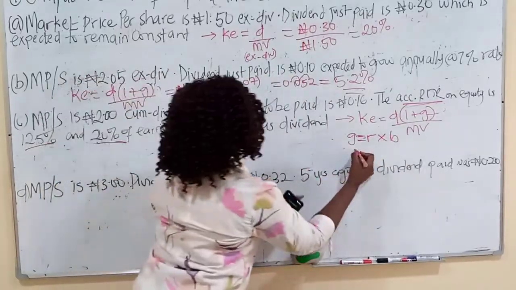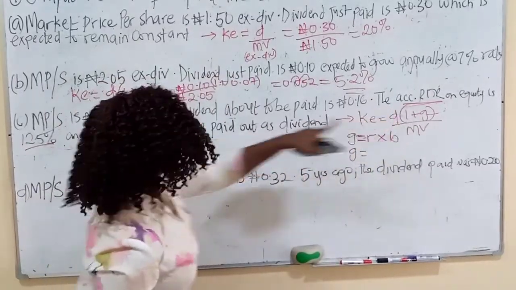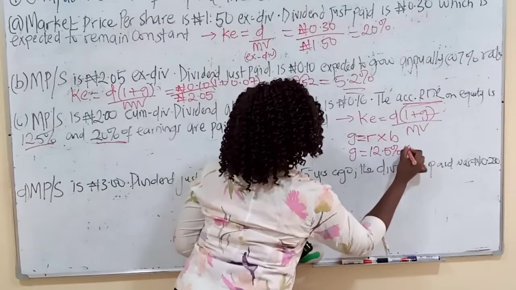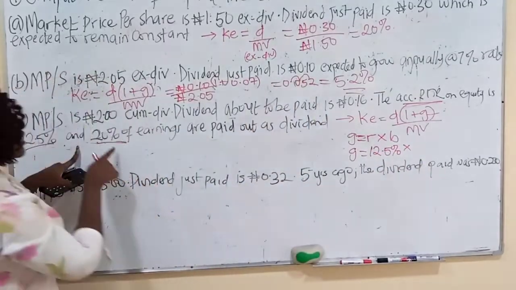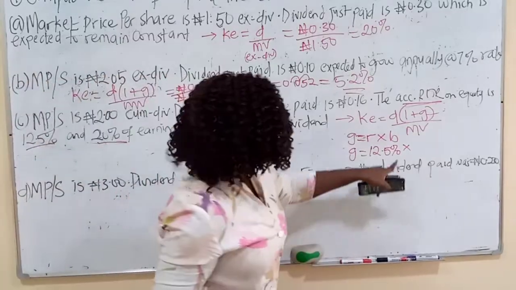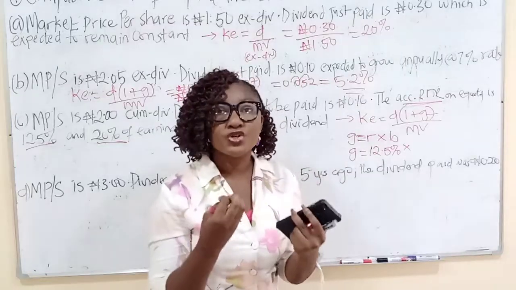When you have that, you ask yourself, what is the rate of return? The accounting rate of return on equity is 12.5%. Do that there, 12.5% times, and 20% of earnings are paid out as dividend. Don't forget that this b is the retention rate. What is the proportion that you retained?